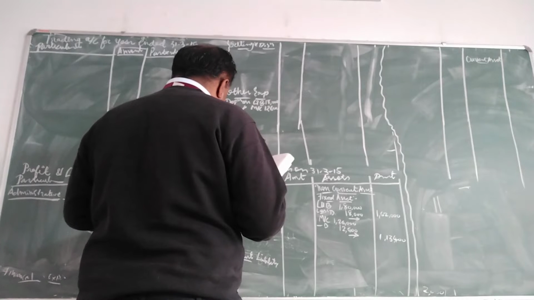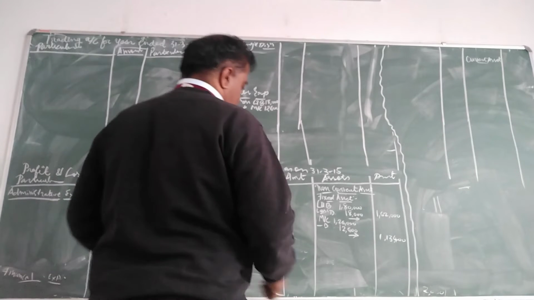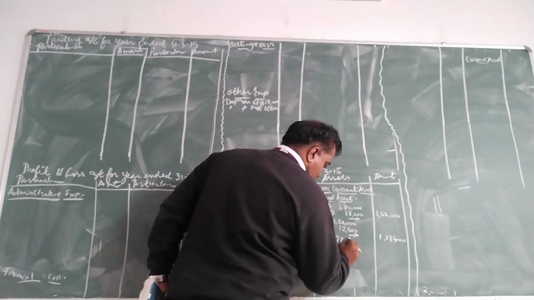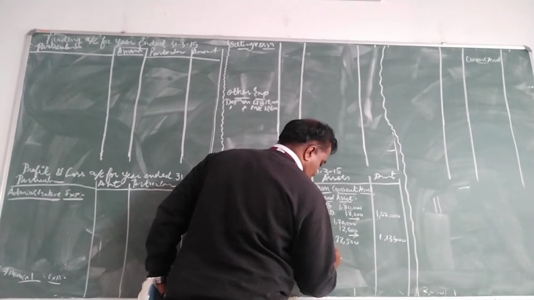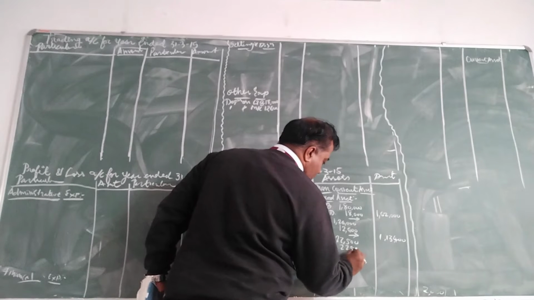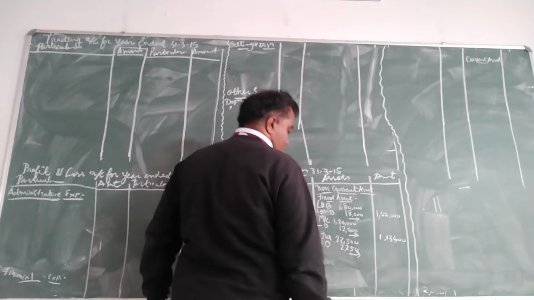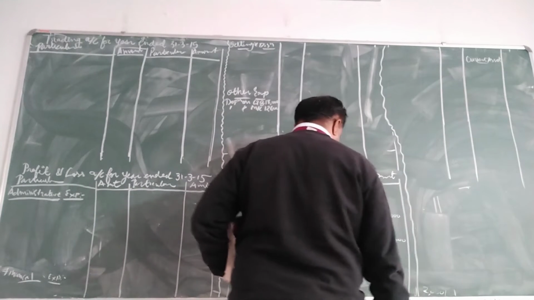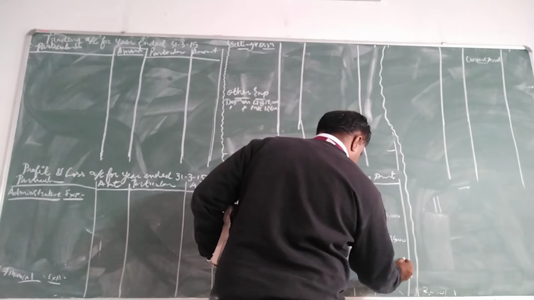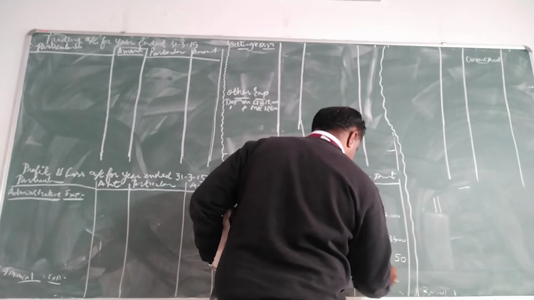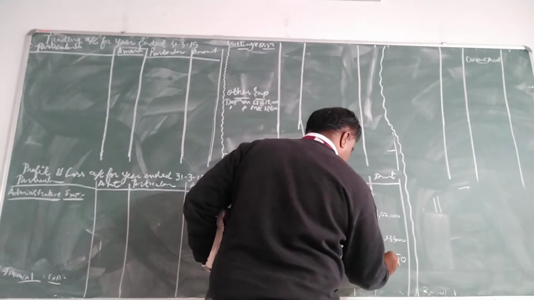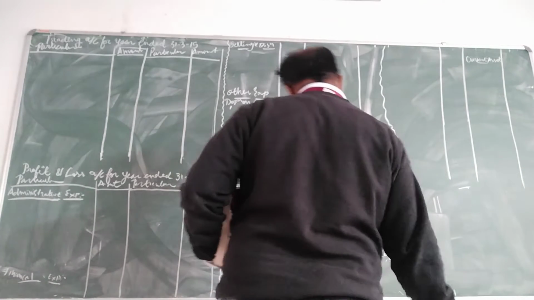Furniture is 22,500. Less depreciation, 2,250. So in the outer column, 20,250.